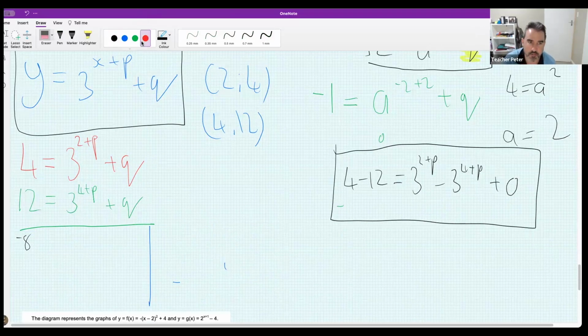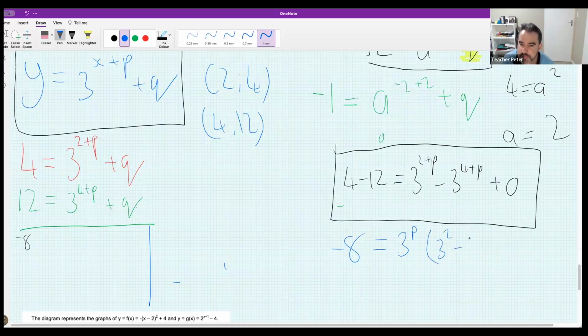Okay, fantastic. Now, minus 8 equals, now this is the sneaky bit that I think is super sneaky. Do you understand how I got that? Or maybe I should make an extra step here, where I go 3 to the p, and then 3 squared. Okay, let me just write it like this: minus 3 to the 4 times 3 to the p.